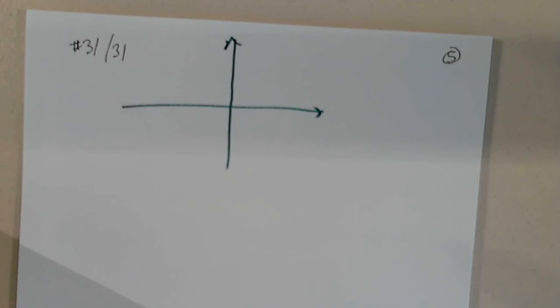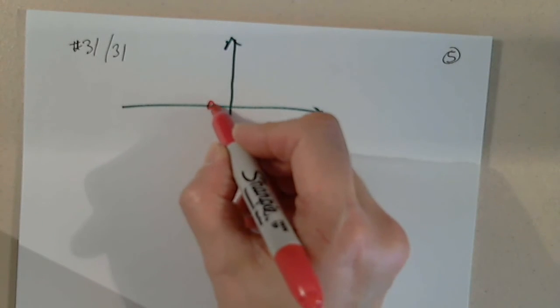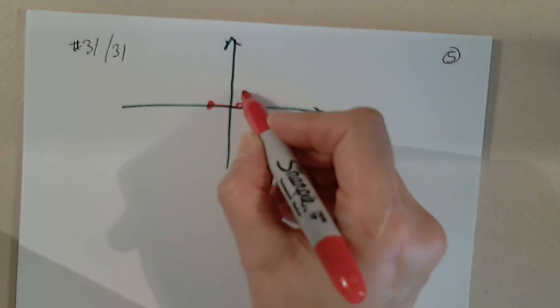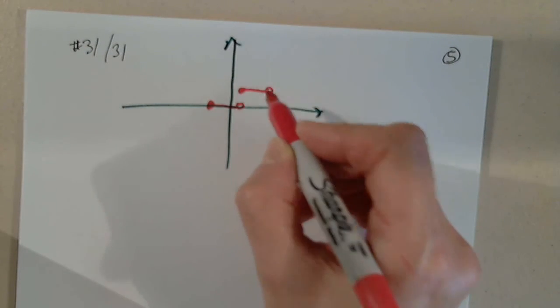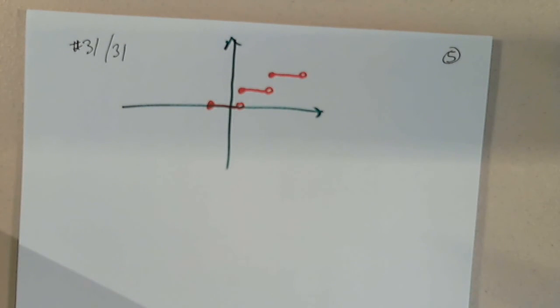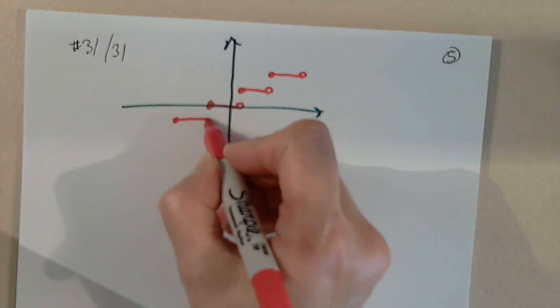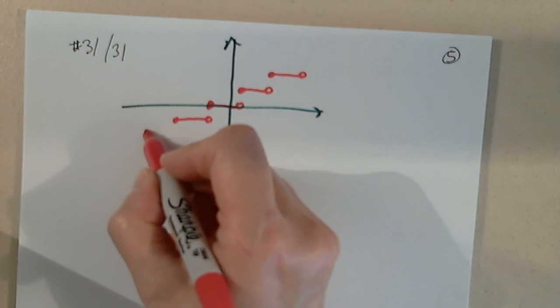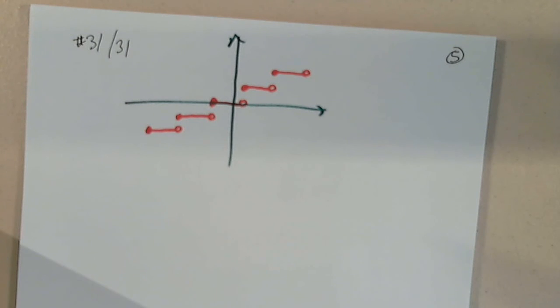And here is its graph. Again, we will be reading from the graph in the book.